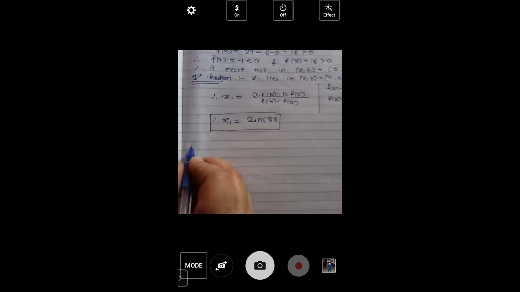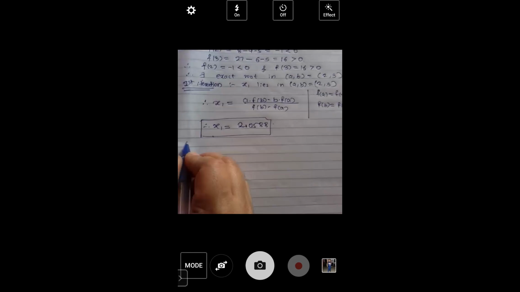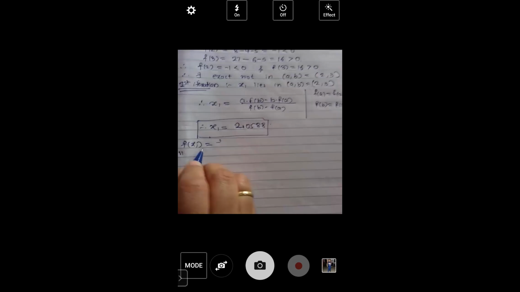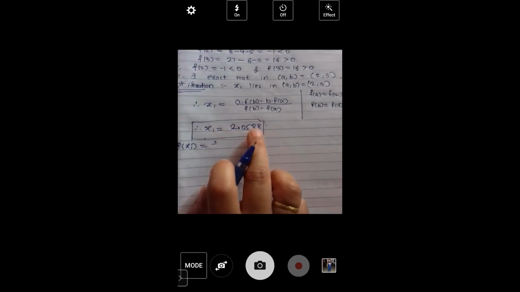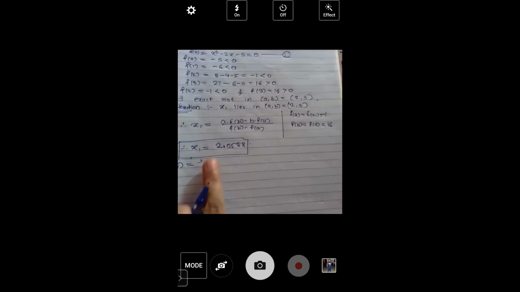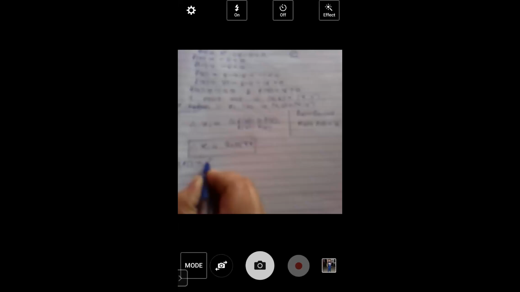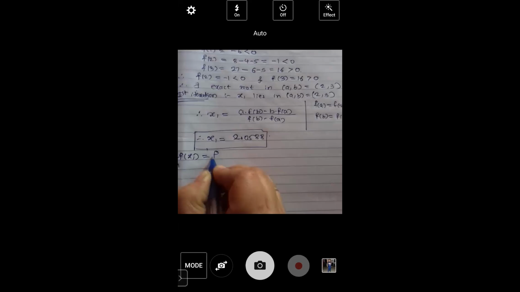ठीक आहे. मिळालं का सर्वांना? Now check f of x1. जर f of x1 0 आलं तर तुम्ही काय म्हणणार? x1 is equal to 2.0588 satisfies the given equation. Then we can say that x1 is the exact root if f of x1 is equal to 0. So we check the value of the function at x is equal to x1.